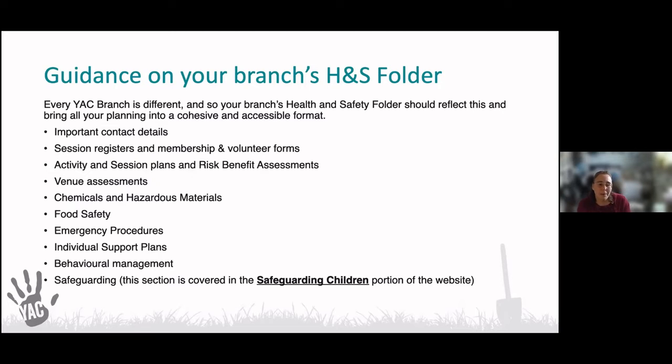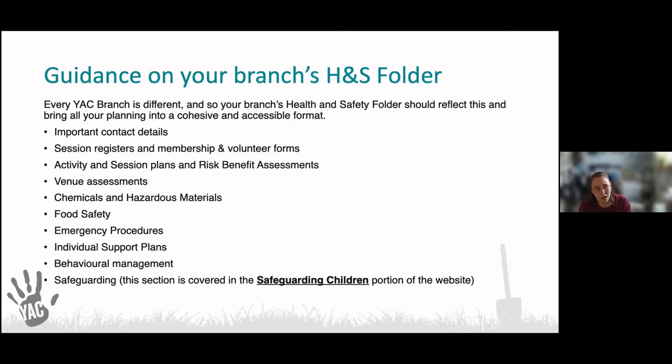And it is about making sure that the information is available when you need it and you're not scrambling around trying to find the information. So it should reflect your branch and your branch's needs. On the website, there's further information and templates for all of this.